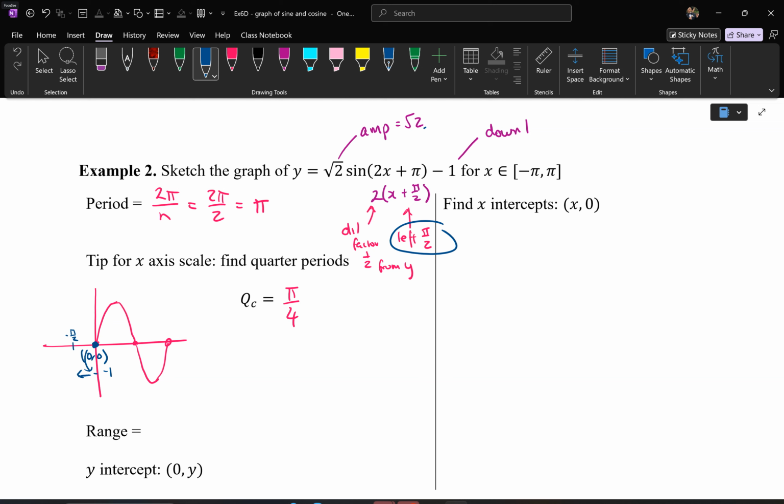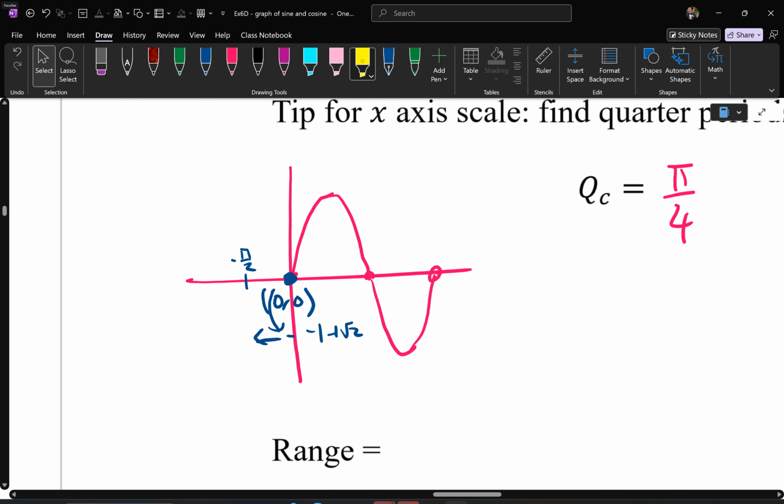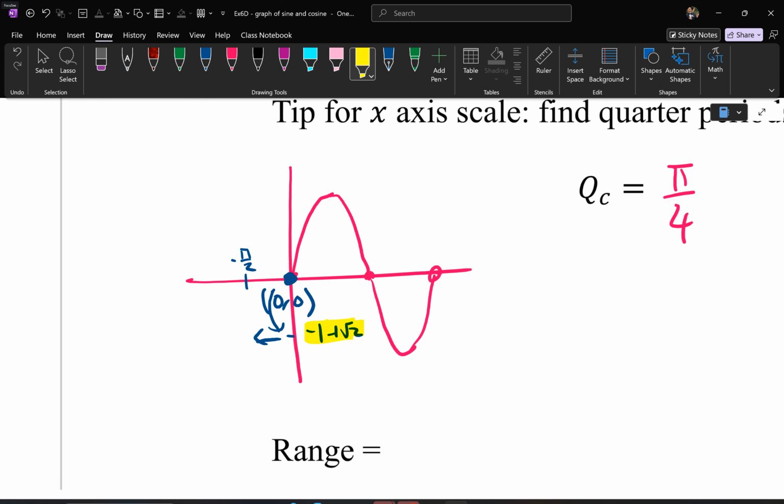Problem is that, remember, you're not just down 1, you've got an amplitude of √2. So that means it's positive √2, so -1 plus √2, whatever that value is, and then I'm moving to the left by pi on 2. Now, out of curiosity, what's this value roughly? Is it positive or is it negative? So figure out √2.